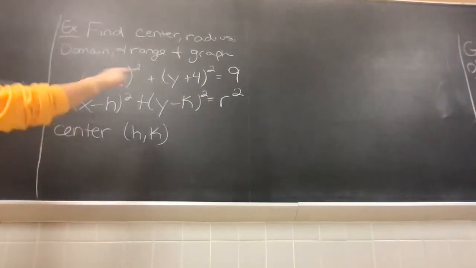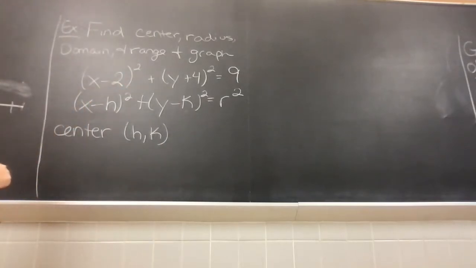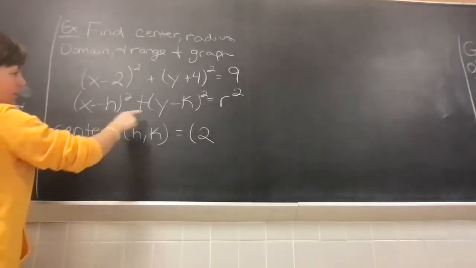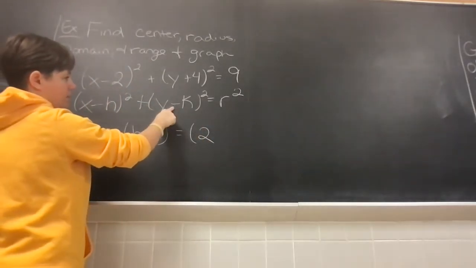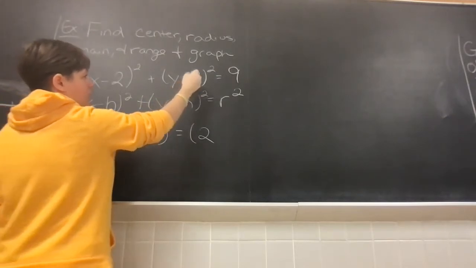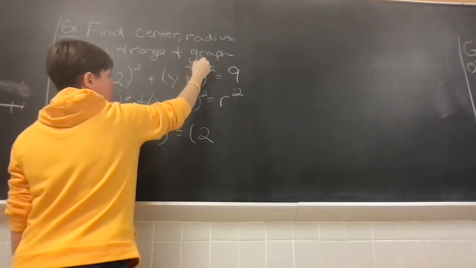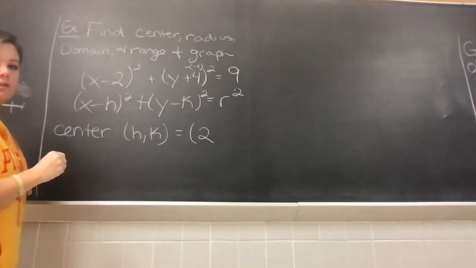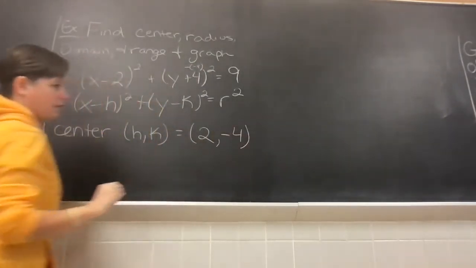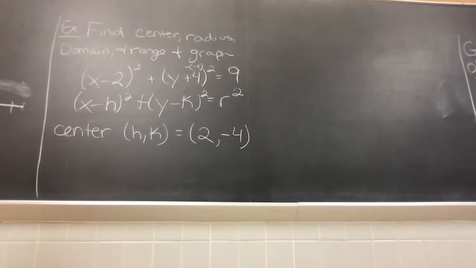So based on our equation of a circle, what is our center? Well, we know our h is 2, and our k, well look, it says minus k, but this is a positive 4. So remember, that can be written as a minus 4. That means our k value would be a minus 4. So right there is our center.